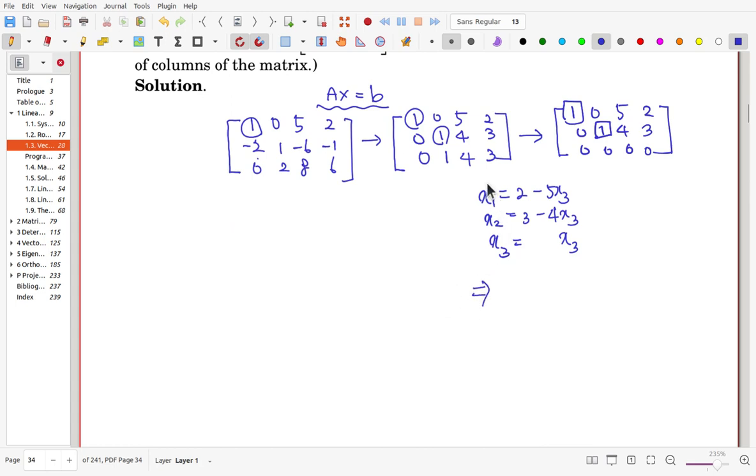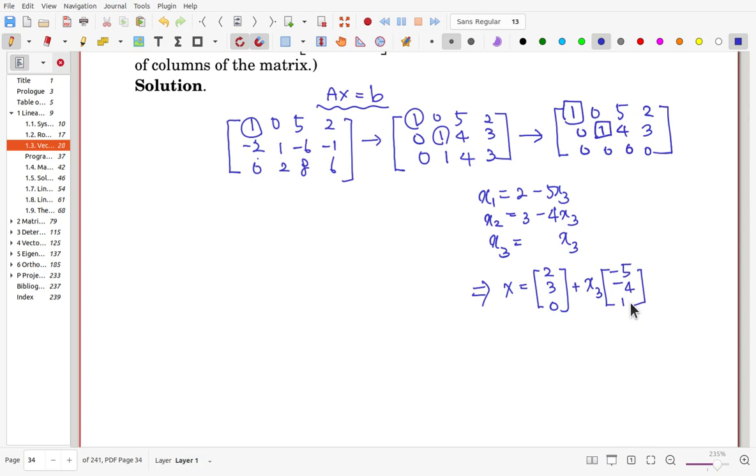Now from this, the vector x is the same as a constant vector (2, 3, 0) plus x3 times the direction vector (-5, -4, 1), right?